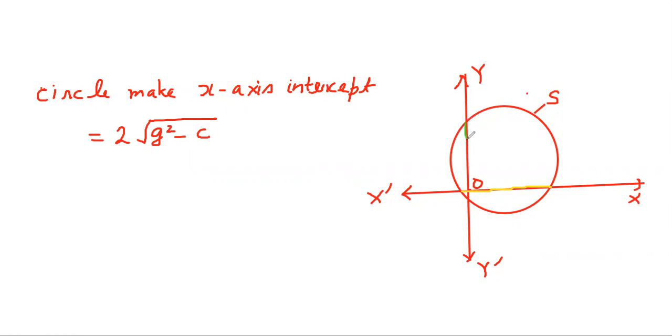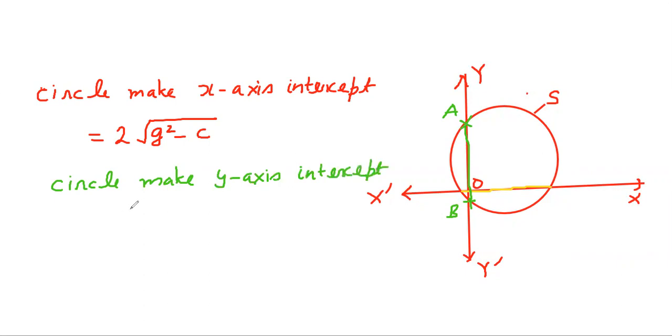You see, this is a y-axis intercept, from point A to point B. This circle makes a y-axis intercept, and this will be equal to what? 2 times under root f square minus c.